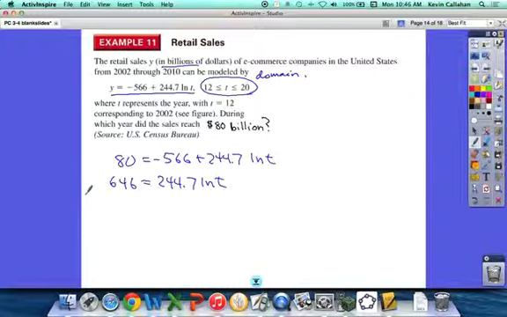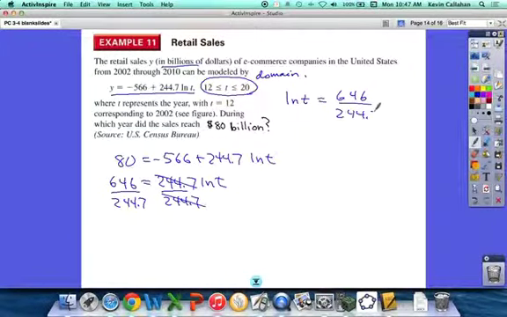And then we're going to divide by 244.7, right? All right, so now we have ln of t equals 646 divided by 244.7. I'm not going to simplify it yet. I'll just do it all at one time.